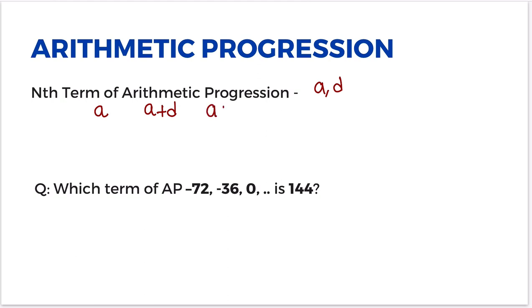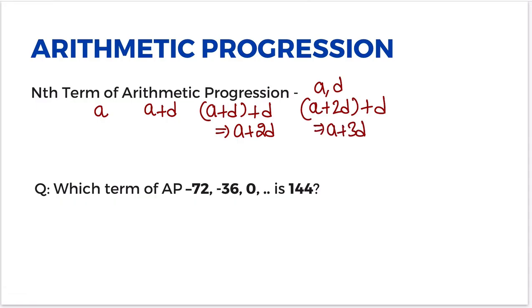You just add D to the last number, that was A plus D, so this becomes A plus 2D. Correct? How do you make the fourth term? You take the last number, that was A plus 2D, add D to it and you will have A plus 3D. So if you see, the first term is A, second is A plus D, third is A plus 2D, fourth is A plus 3D and so on.